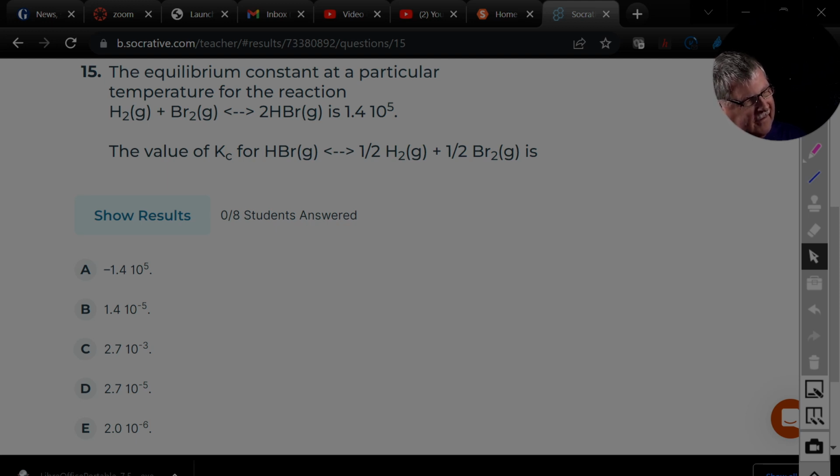Okay, what do you do with this one? We have a reaction where the equilibrium constant is 1.4 times 10 to the fifth. And what we want to think about is, how do we relate the second equilibrium to the first? And then how do we calculate the equilibrium constant for that?